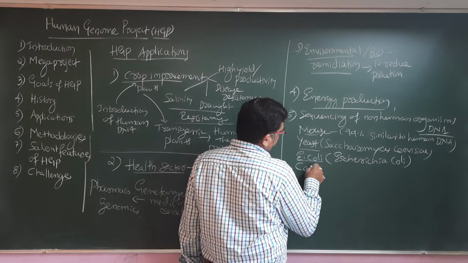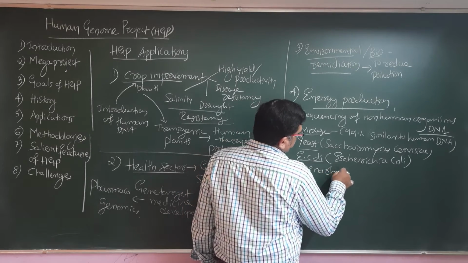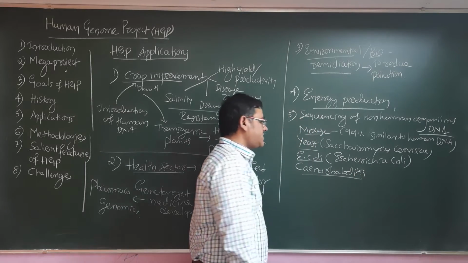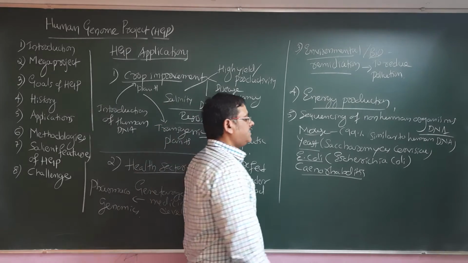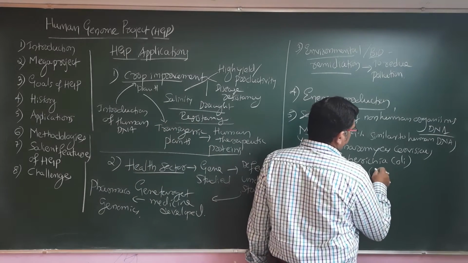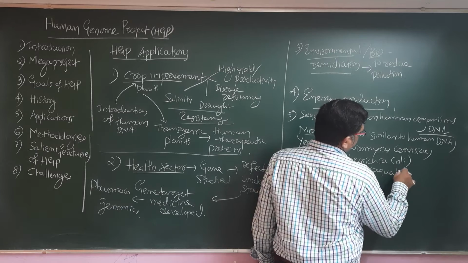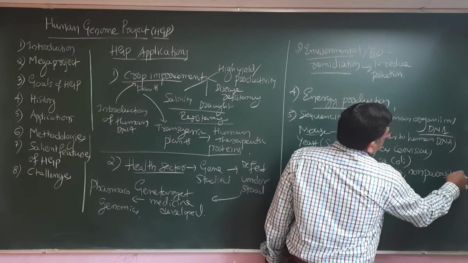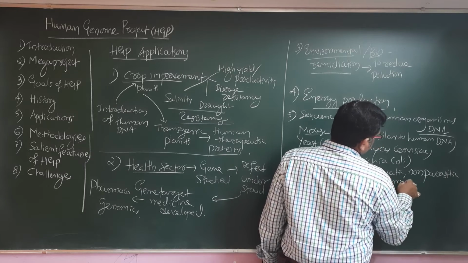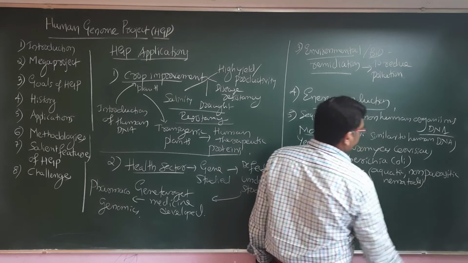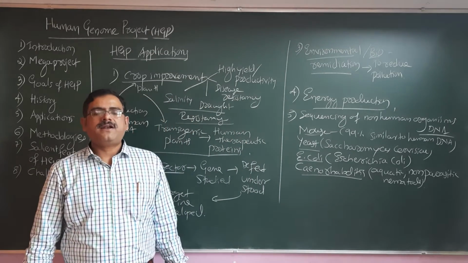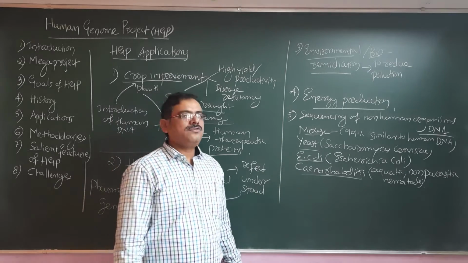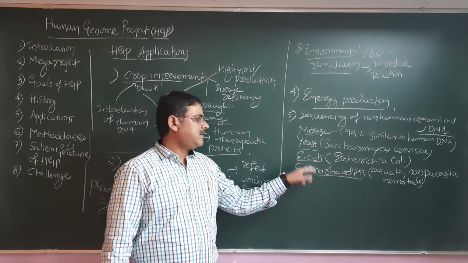Then Caenorhabditis. In developmental biology, this organism is very much utilized. It is an aquatic non-parasitic nematode. You have studied Wuchereria bancrofti, the nematode that causes elephantiasis, right? Like that. Caenorhabditis is also a nematode, but never harms anybody.